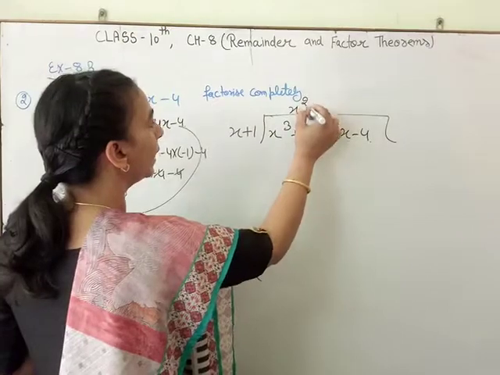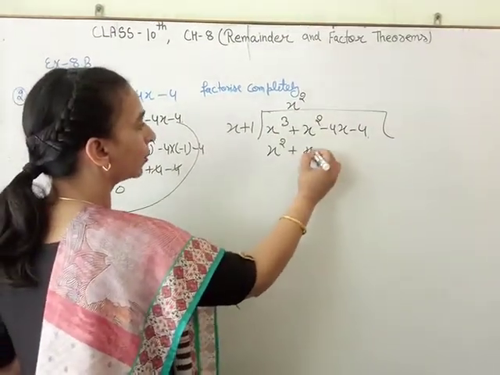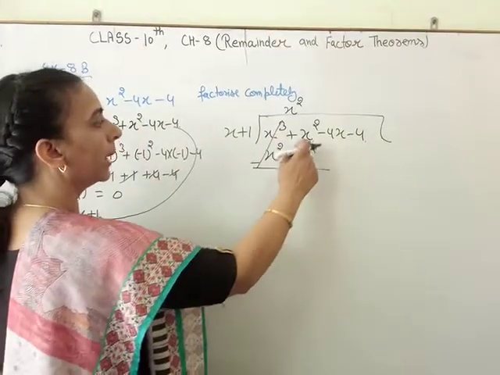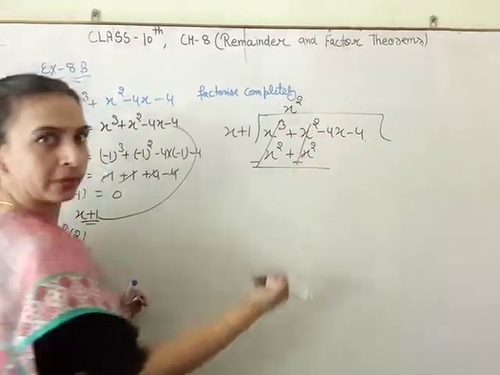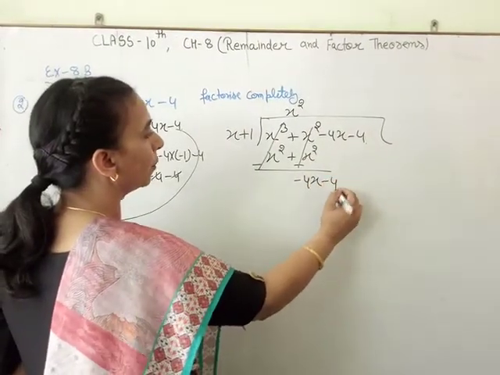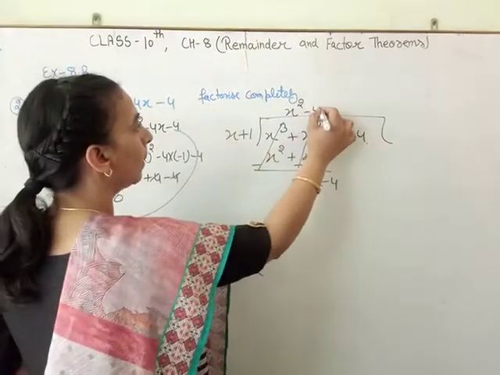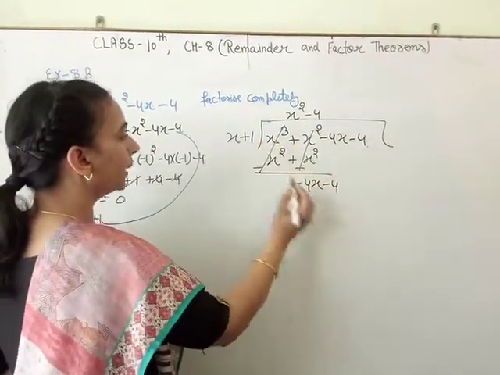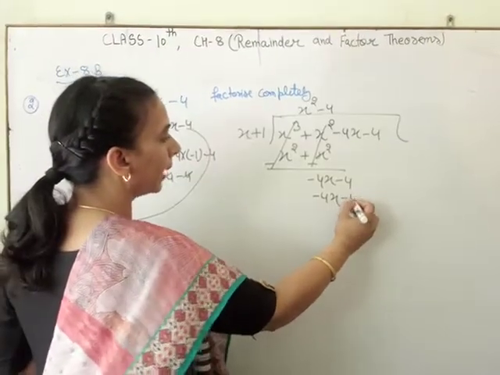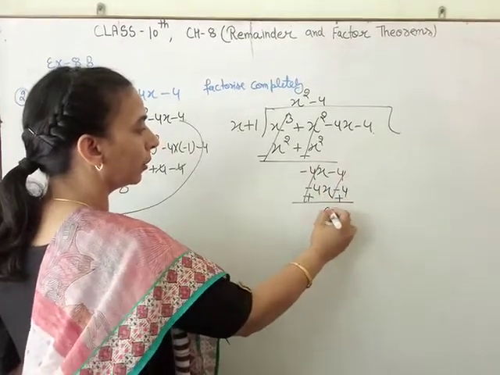Again x square plus x square, minus x square cancel out. Again we take minus 4x minus 4. Minus 4x divided by x gives minus 4, minus 4 multiplied by x and by plus 1 gives minus 4x minus 4, then it cancels, equal to 0.